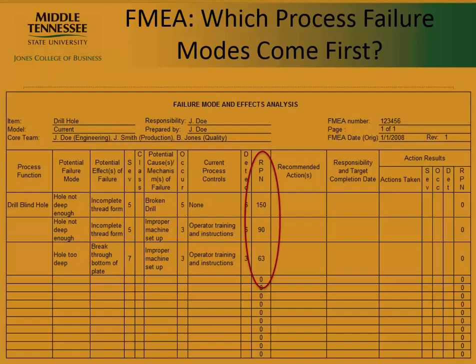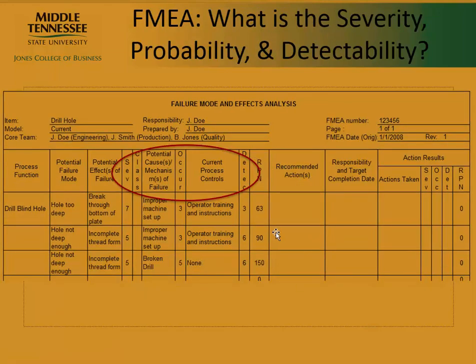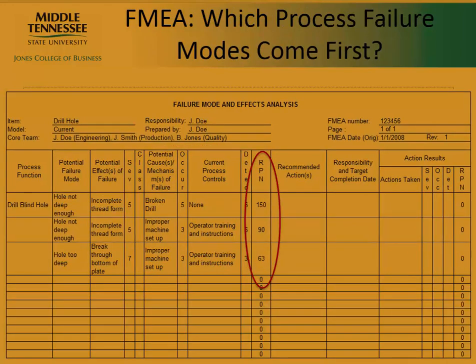Let me go back to this previous slide. We had the risk priority number here, but I favor, it's not always done, but I think it's good practice to turn around and resort based on a decreasing RPN, and that gives your most important problem at the top, and so on.